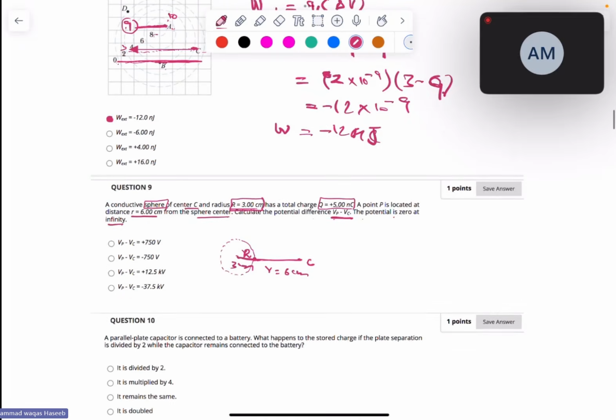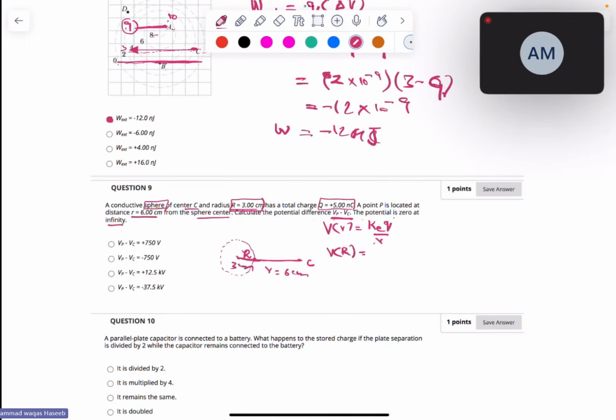Okay. So we will calculate the potential at P, which is KQ over R, and we will calculate the potential at C, KQ over R. And then we will take a difference.